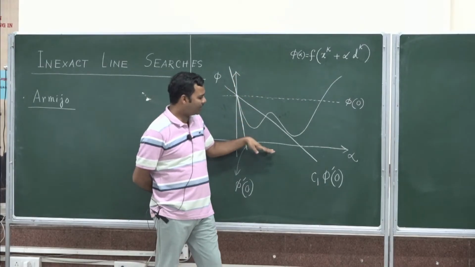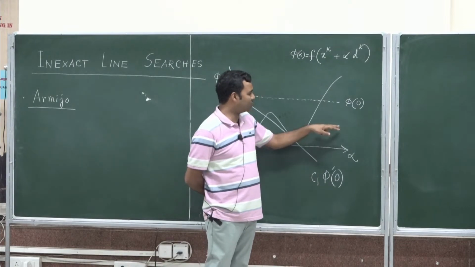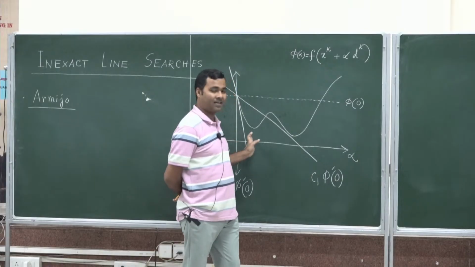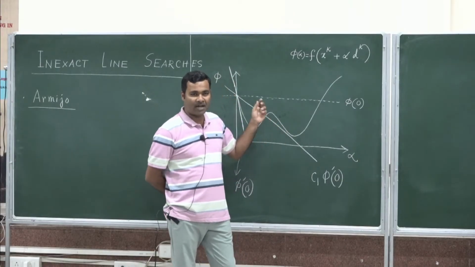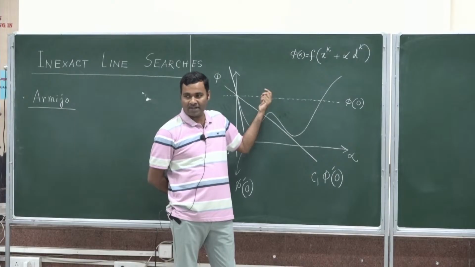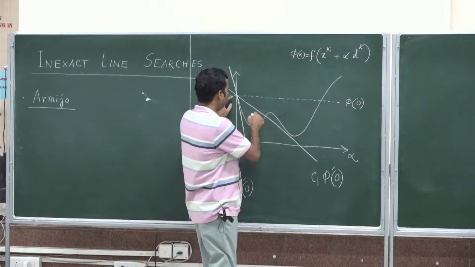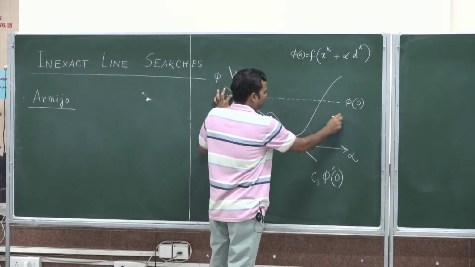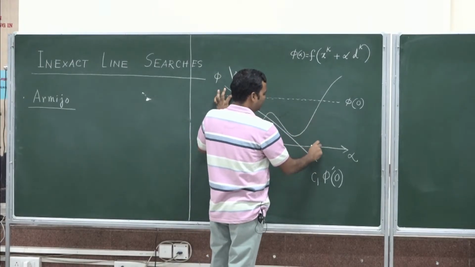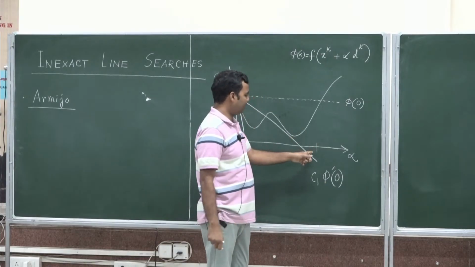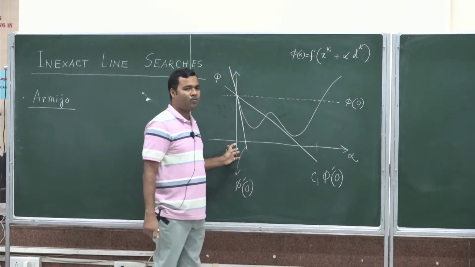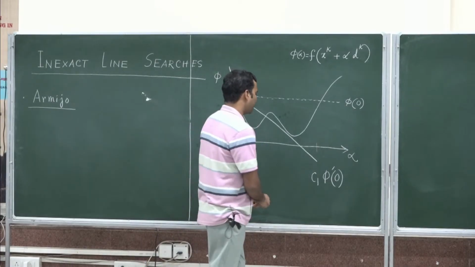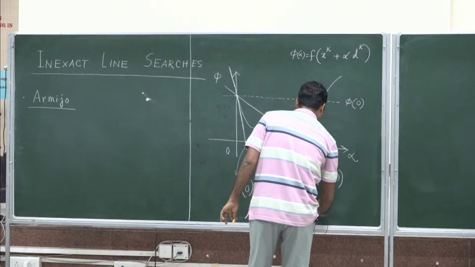However, if I allow a bit more, with C1 tending to 0, then my step length can be very high, because I want the next iterative point to be such that the function value is below this particular line. If I choose a line like this, then my step length can be this particular alpha, and this alpha will be very huge. Therefore a moderate choice of C1 is always suggested: consider C1 lies in between 0 and half.